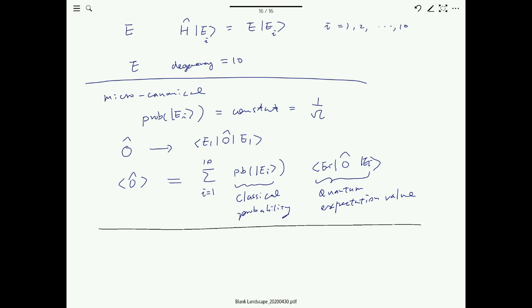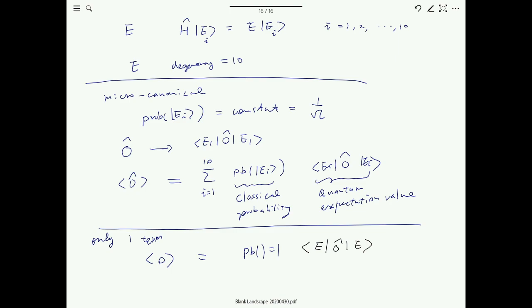Now if you only have one term, then the probability is 1, and there's no summation, and you have only your quantum expectation value.